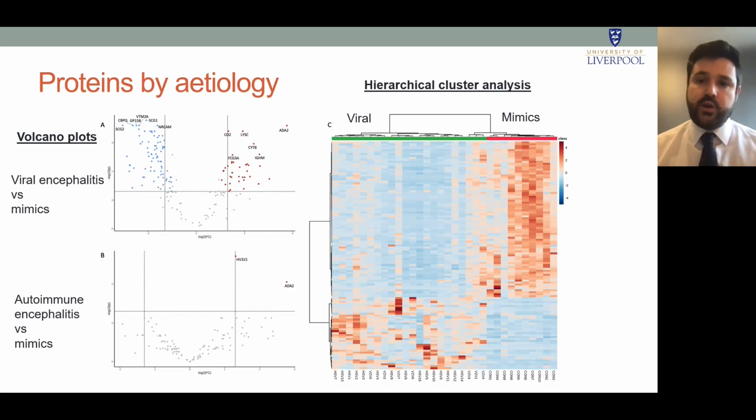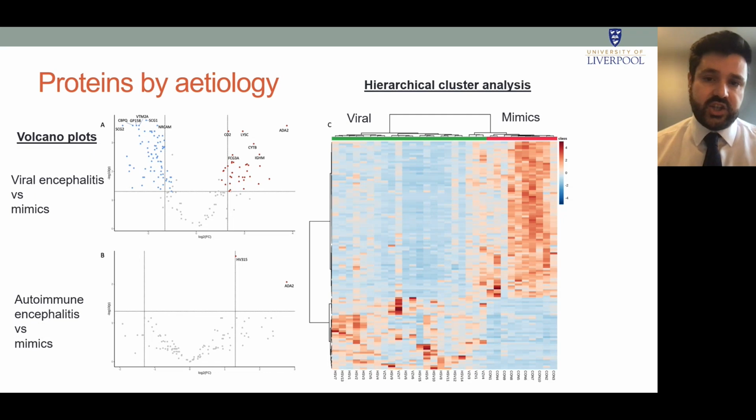And these plots show an overview of some of the results from the proteomic analysis. On the left, you can see volcano plots, and these are used to identify proteins which are significantly different in abundance between two groups. The x-axis represents the fold change between the groups, while the y-axis represents a log transformed p-value, a measure of significance, with the lines representing cutoff values.